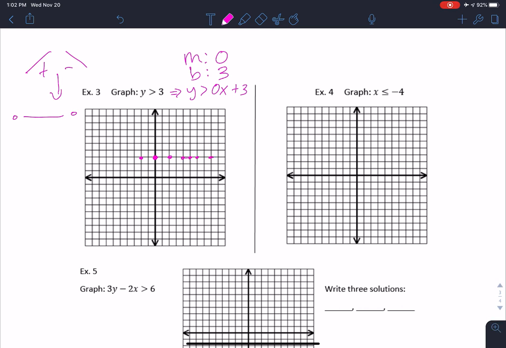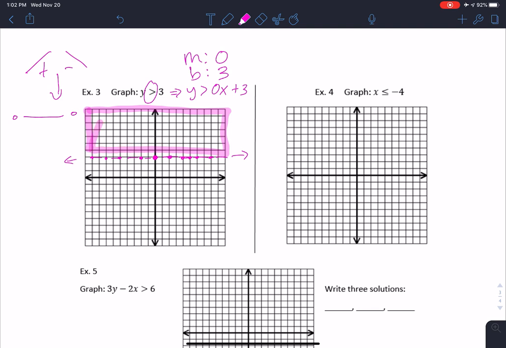I just put some random points that are horizontal. And now before I connect my points, I look at my symbol. My symbol says greater than, but not equal, so my line is dotted or dashed. So I just dash my line right here. And now because it says greater than, I'm going to shade above the line. And this one's pretty obvious. The above is all the numbers on top.